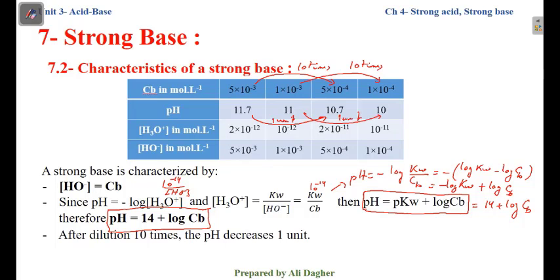Then we can deduce that after dilution 10 times, the pH of a strong base decreases 1 unit. Also, upon dilution 100 times, it decreases 2 units. Upon dilution 10^n times, the pH decreases n units.